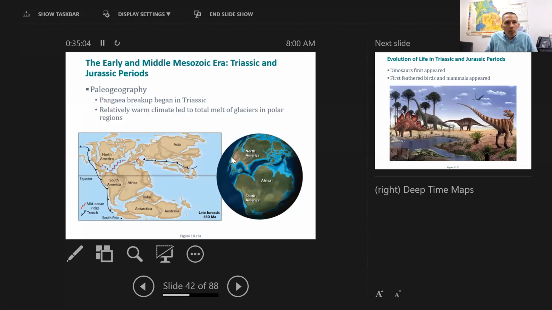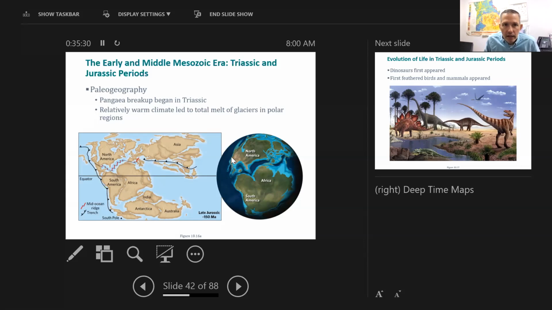Now, moving on to the middle of the Mesozoic era, the Triassic and the Jurassic time periods. In this Mesozoic era, Pangea started to break up. We had animals both on land and in water.